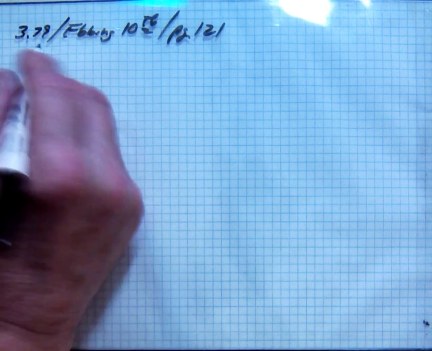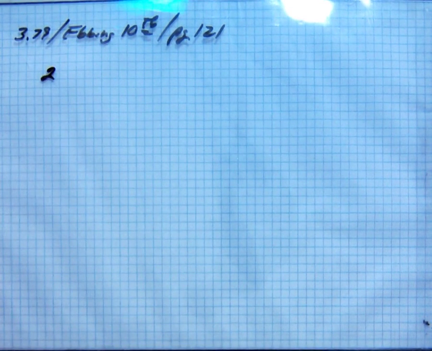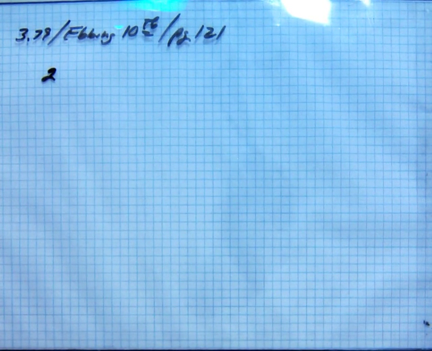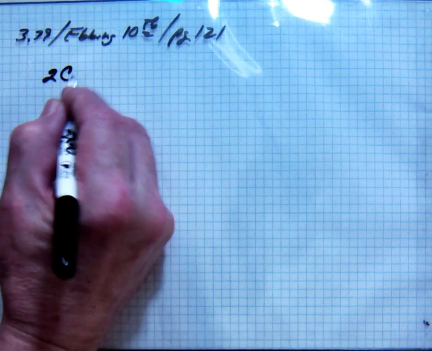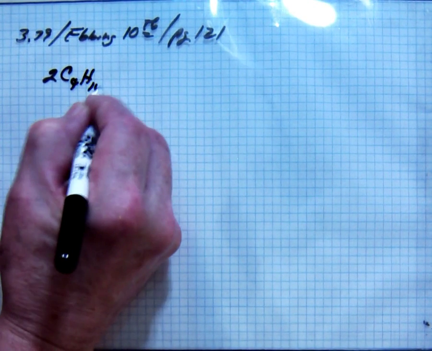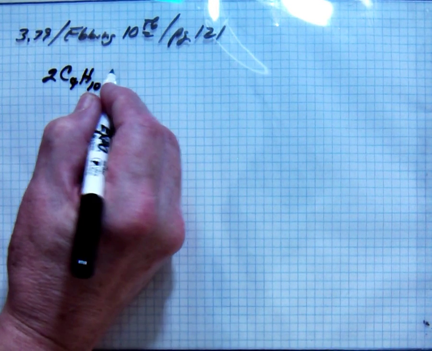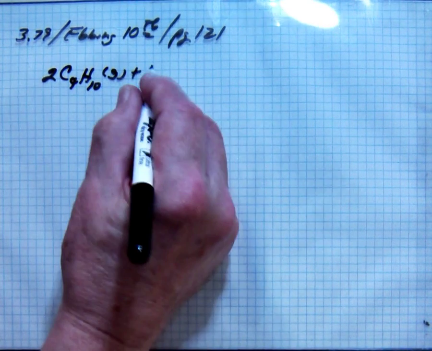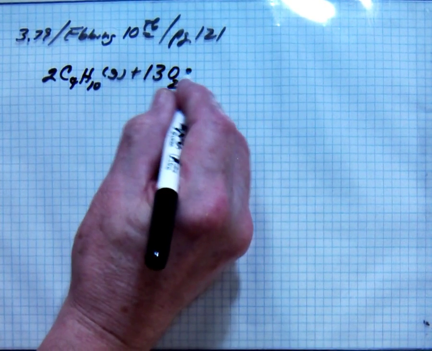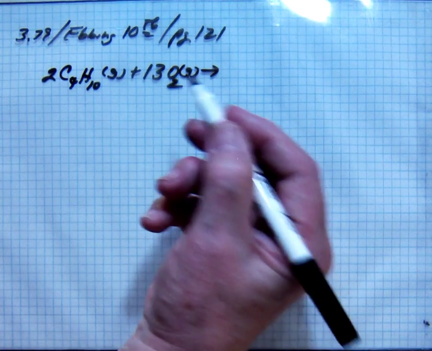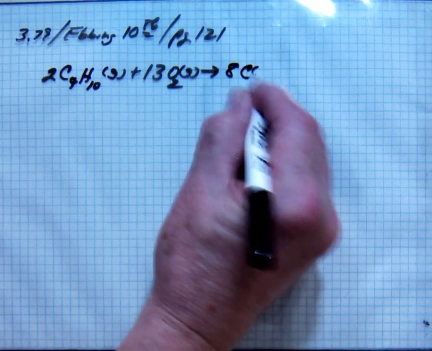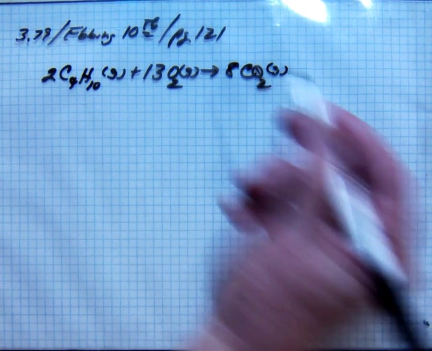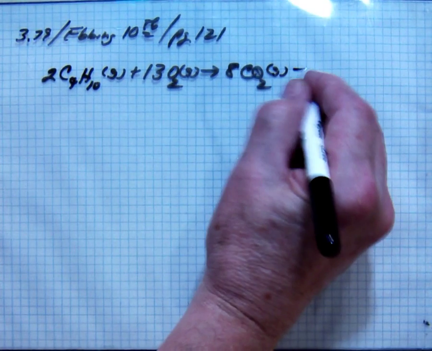Okay, here's the question. Just butane instead of methane this time? Hang on, we'll get it. C4H10. And butane is a gas. And we have 13 O2s. And that's going to go to 8 CO2s and 10 water.